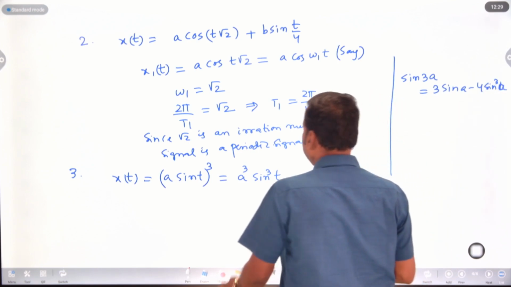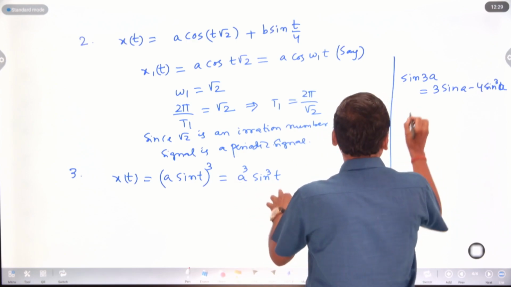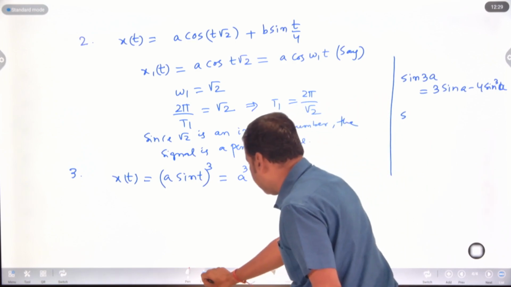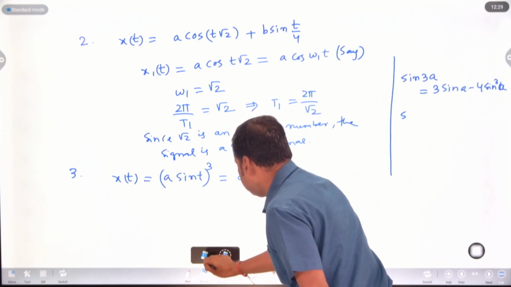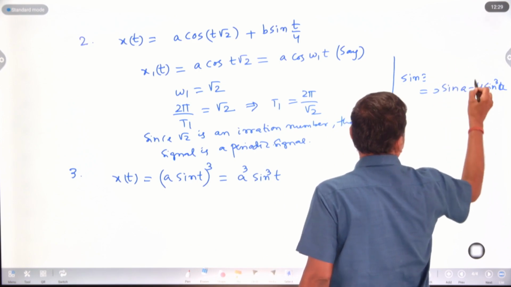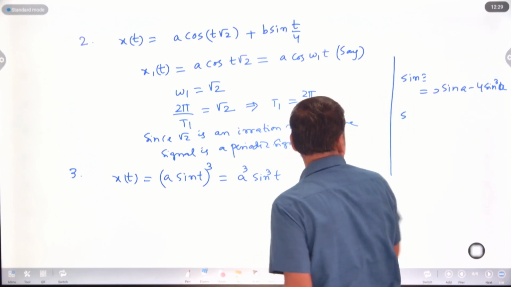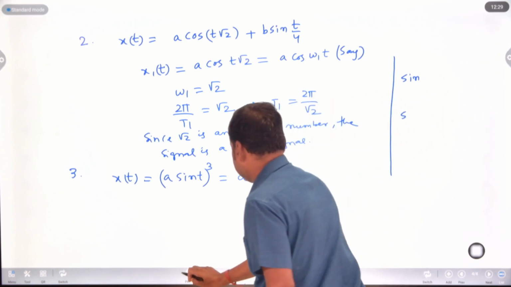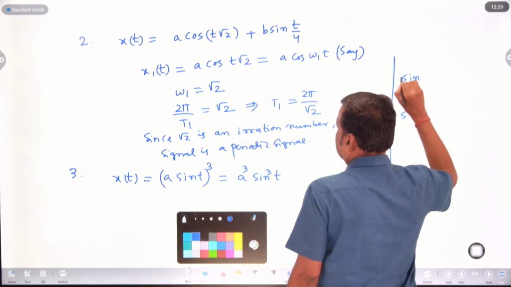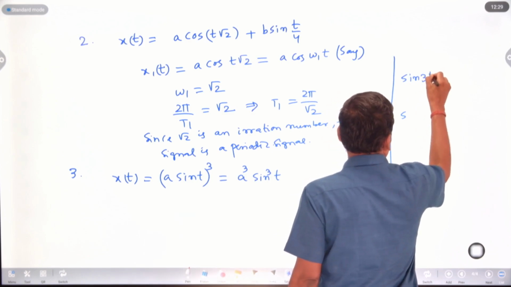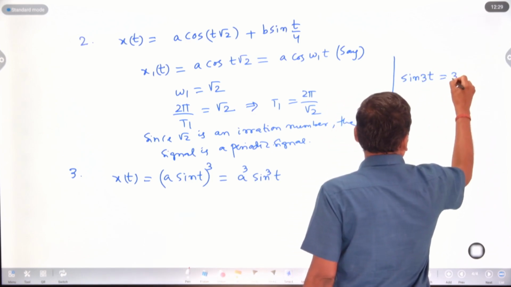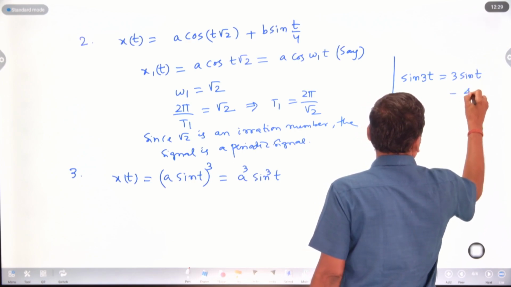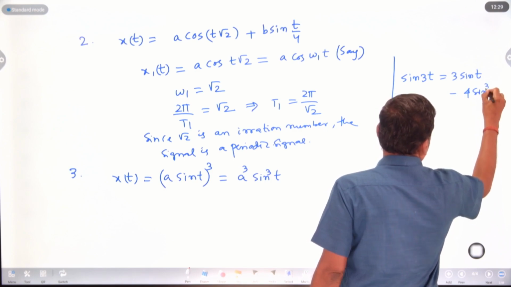And this is sin 3t. Suppose I say t, then sin 3t equals 3 sin t minus 4 sin cube t.